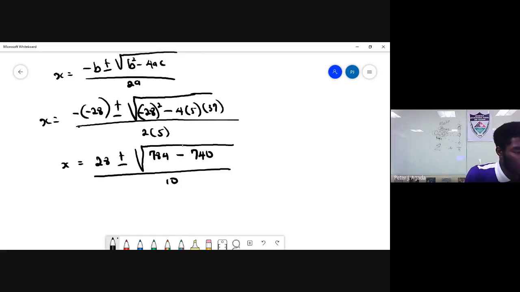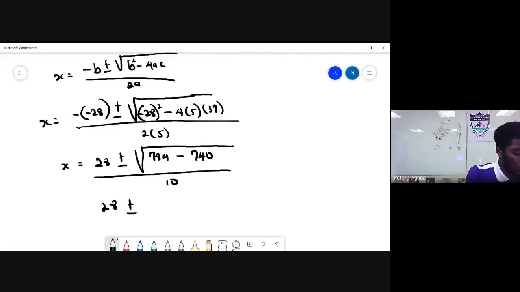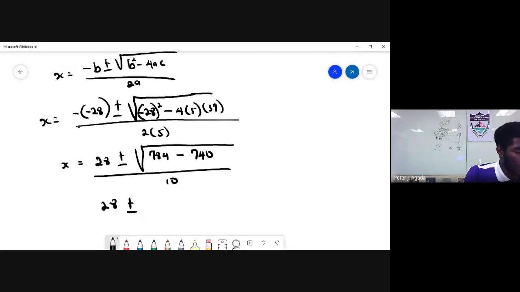So if I go further, I can have 28 plus or minus the square root of 784 minus 740, which is the square root of 44 over my 10.